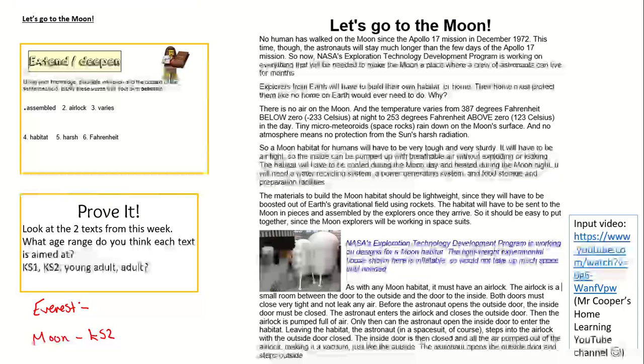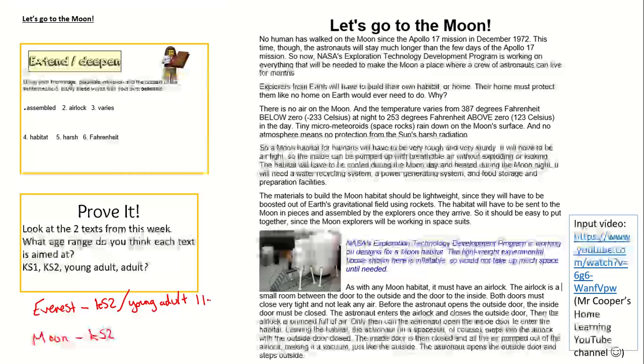Then the Everest one, you're just looking at some of the vocabulary in there, and you can flick back to it. I'm going to say also Key Stage 2, certainly a young adult. So I'm saying like Year 6, Year 7, Year 8 kind of thing.